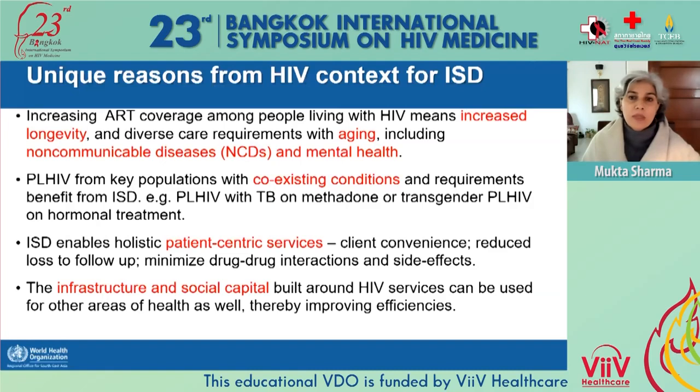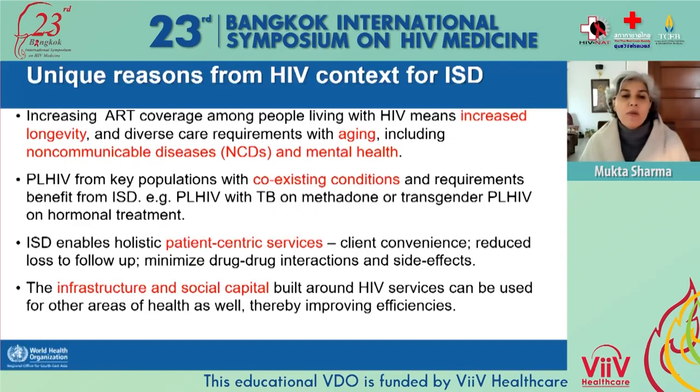With aging comes the entire burden of non-communicable diseases. And in people living with HIV, we have a double burden, not just of non-communicable diseases, but also mental health. We've also seen that in our region, where most of the HIV is not generalized, people who have HIV are often people who either come from a key population, they have a background in injecting drug use or in sex work, or men who have sex with men, or maybe from the transgender communities, or maybe from their partners.